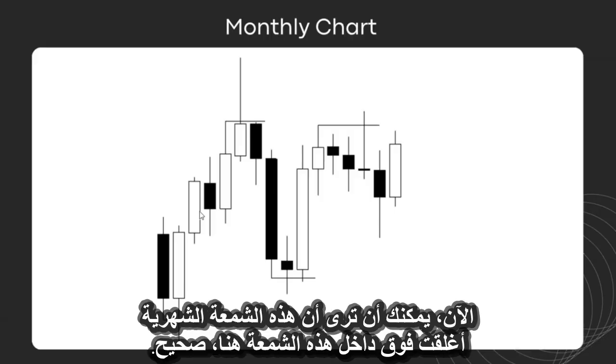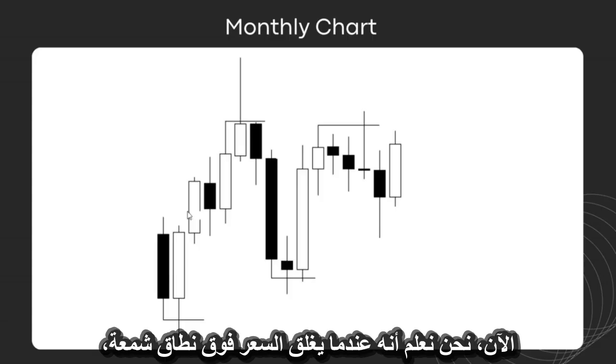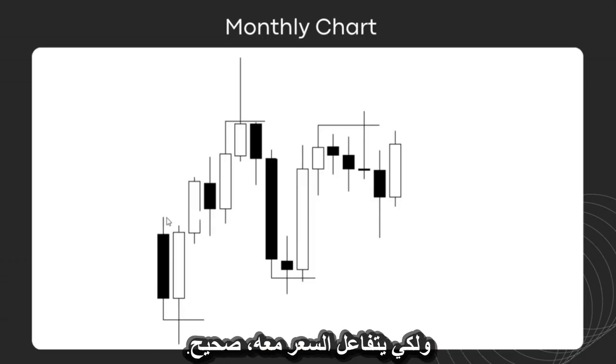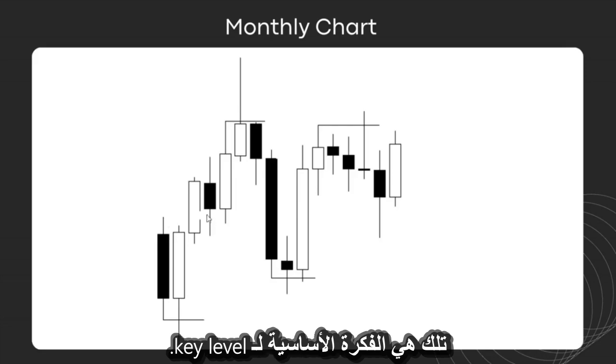Now you could see that this monthly candle closed above inside this candle right here, right? Now we know that when price closes above a candle's range, that particular candle is then used by price as a key level to be tested and for price to react off of, right? That's a basic idea of a key level.